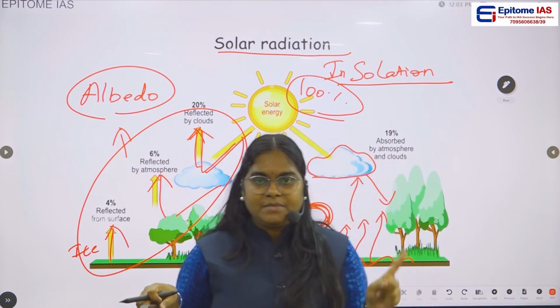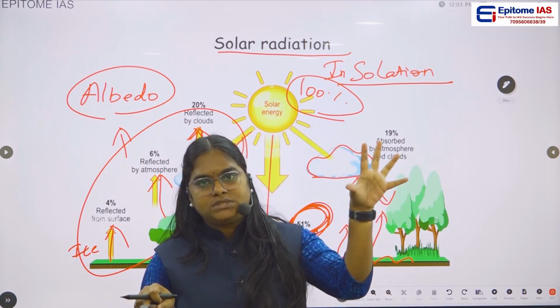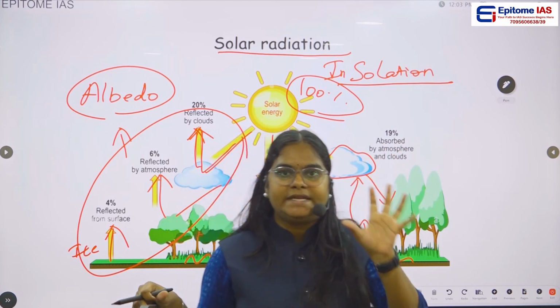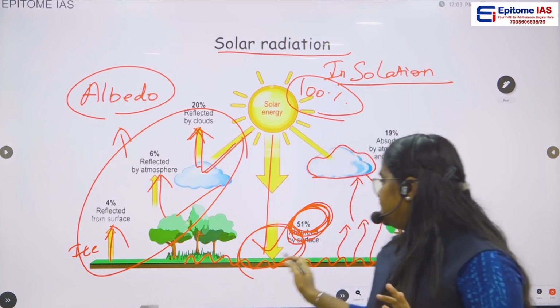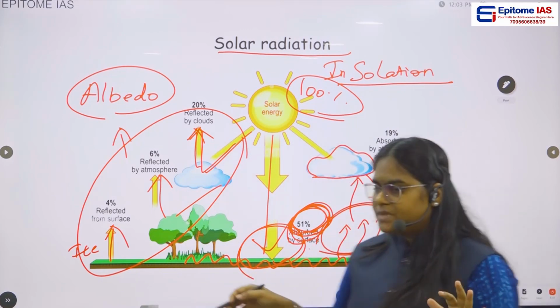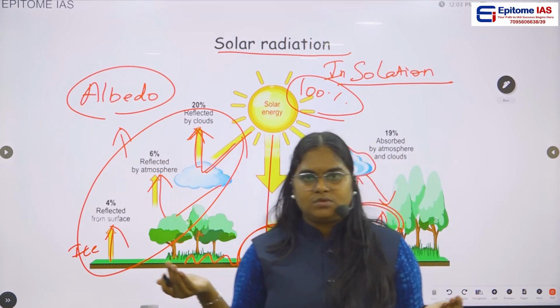But the same case in night time, let us say there is presence of clouds in the atmosphere during the night time, then what will happen? Now these terrestrial radiations are actually happening during the night time. During the night time we don't have incoming solar radiation.